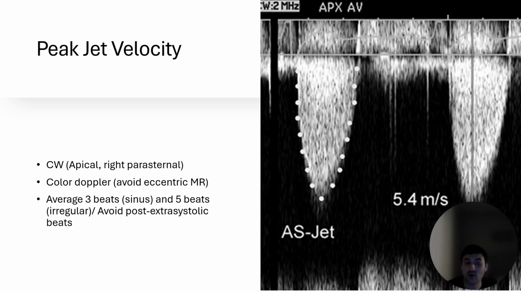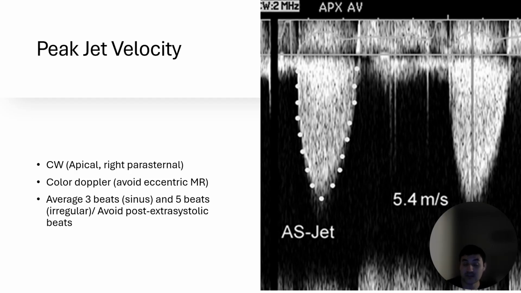You can also use color Doppler to guide you to where the turbulence is. Avoid eccentric MR; this is a good clue. Because if you have eccentric MR, you may confuse it with the aortic jet and get a higher velocity. You always have to average 3 beats in sinus rhythm, or 5 beats if you have an irregular rhythm such as atrial fibrillation.